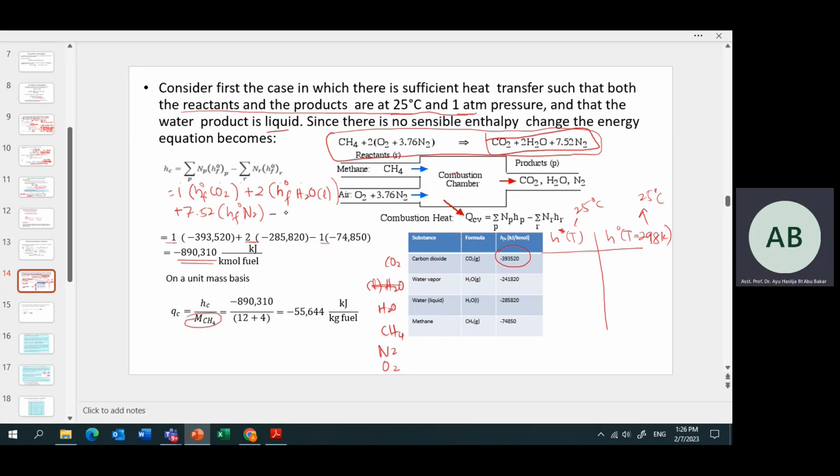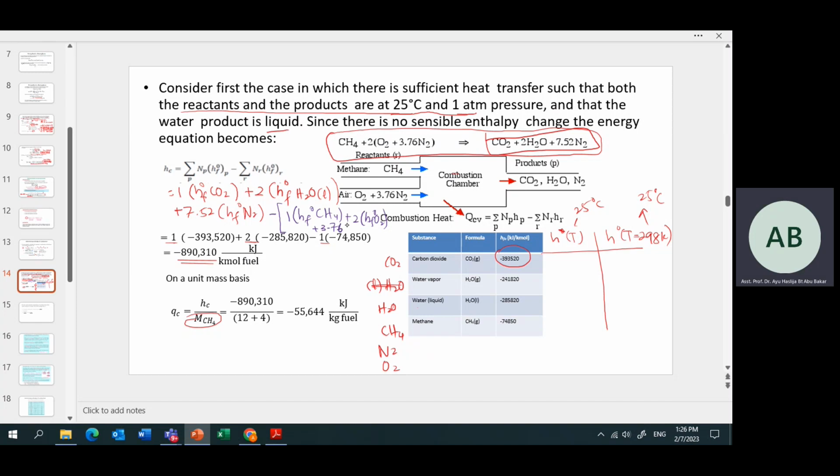Minus reactant. Your reactant is methane. 1 mole of methane multiplied by HF of methane, plus 2 O2. We know there is no heat of formation of O2 and also of N2.